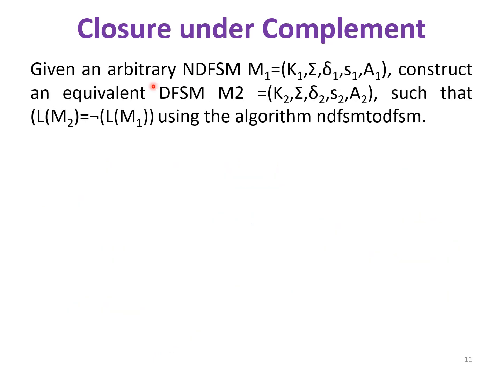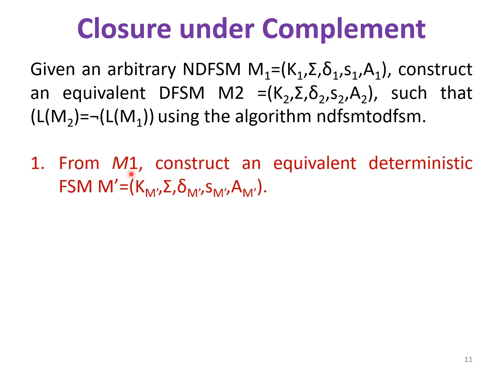Given an arbitrary NDFSM M1 = (K1, Σ, δ1, s1, A1), construct an equivalent DFSM M2 = (K2, Σ, δ2, s2, A2) such that L(M2) = complement of L(M1) using the NDFSM to DFSM algorithm.